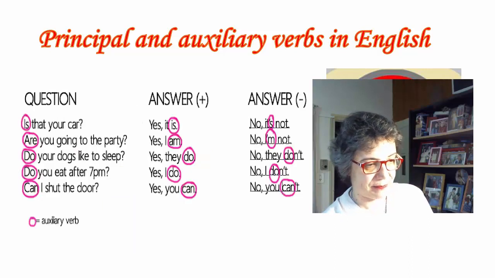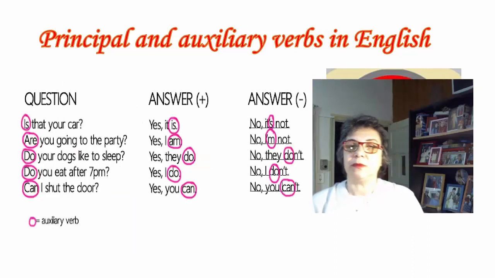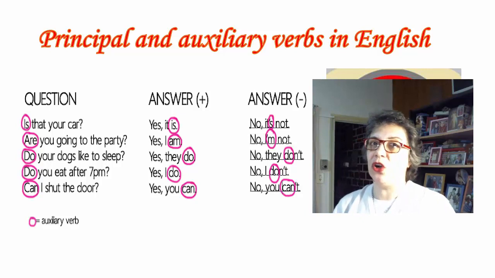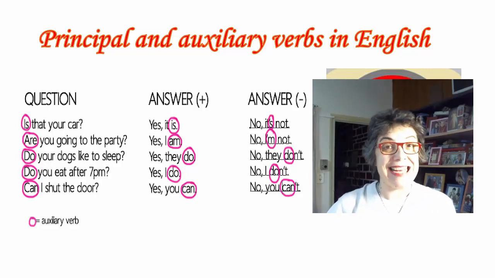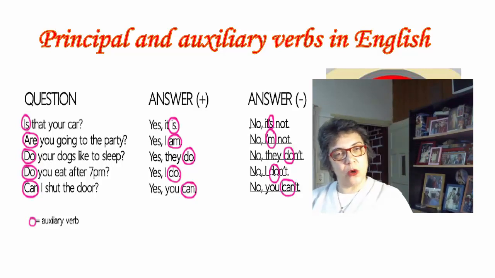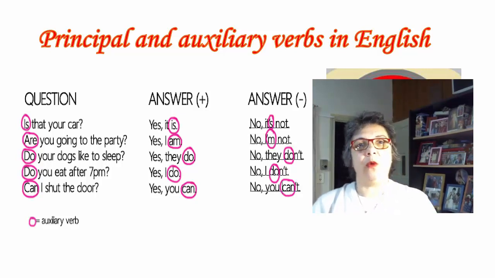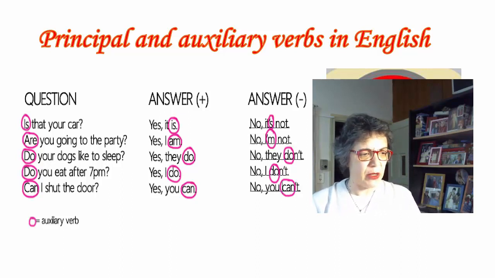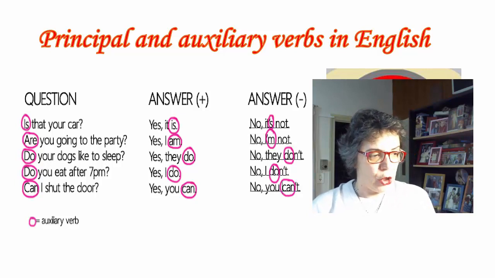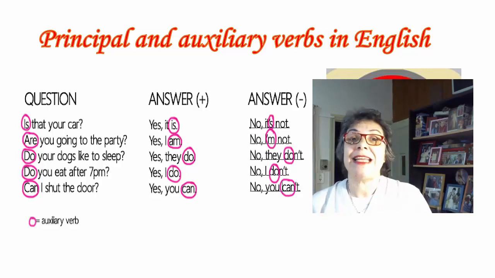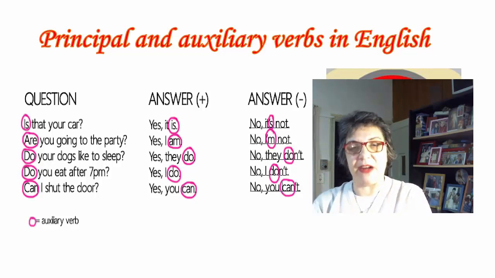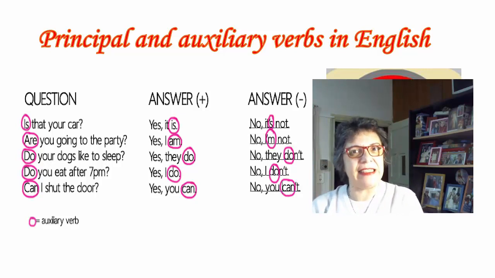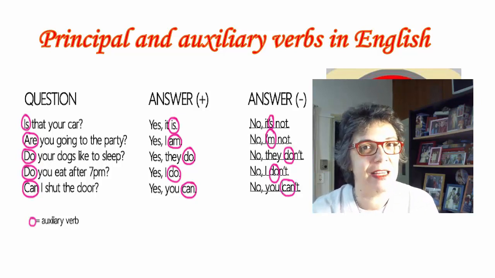We've just seen that. Also, when we give short answers, for example, is that your car? Yes, it is. So they appear when we give short sentences. Are you going to the party? Yes, I am. Or no, I'm not. Do your dogs like to sleep? Yes, they do. So the auxiliary verb also appears in affirmative sentences, but in the short ones.